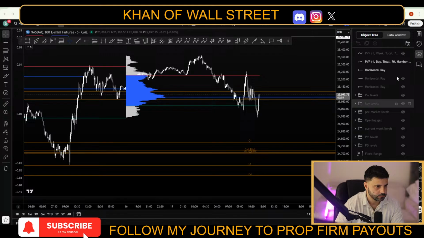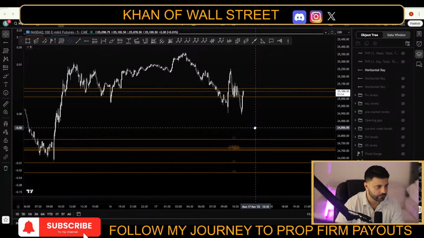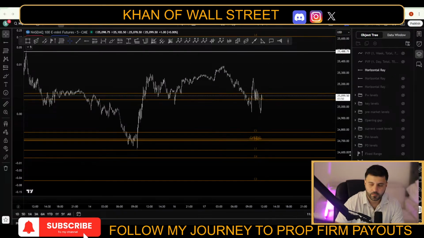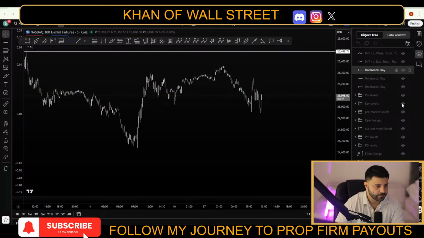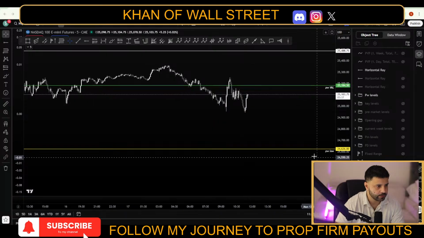If I move this, where do we keep rejecting off these gamma exposure levels? If I move this, let's see previous week. Around the previous week value area low.